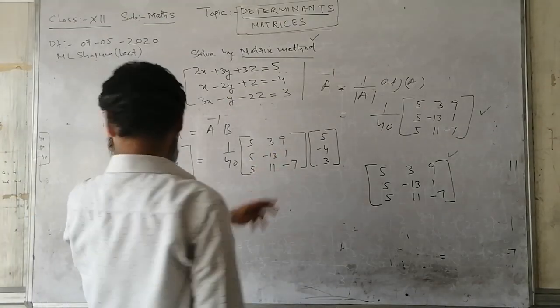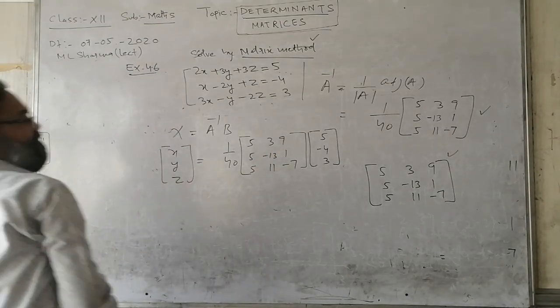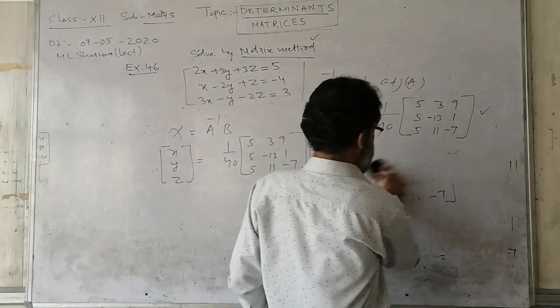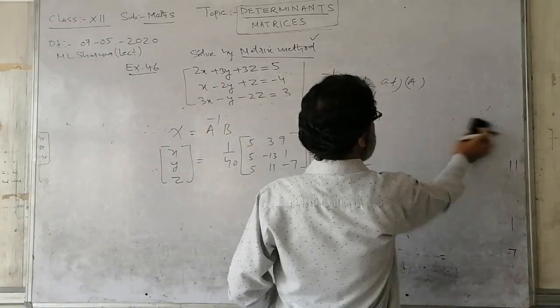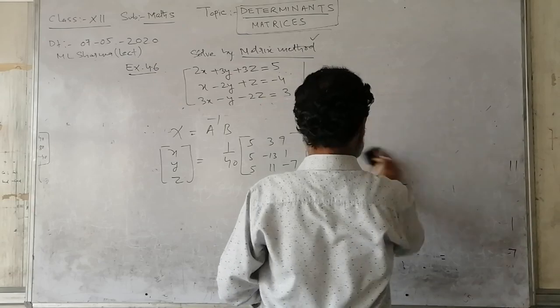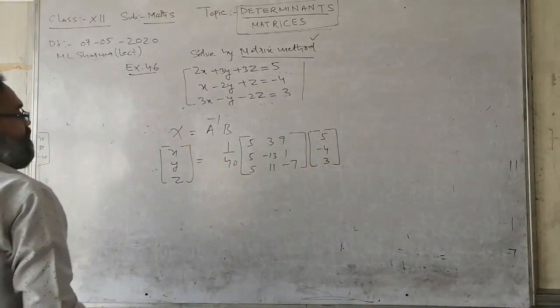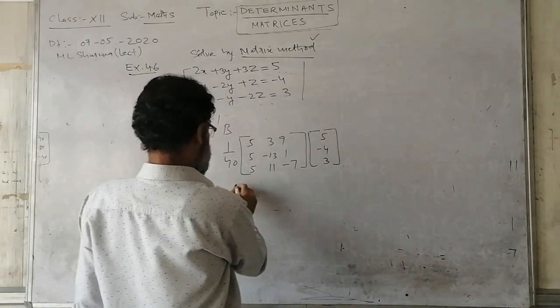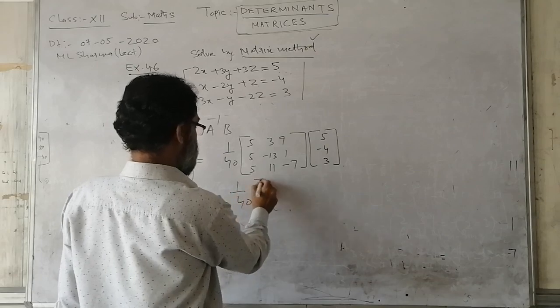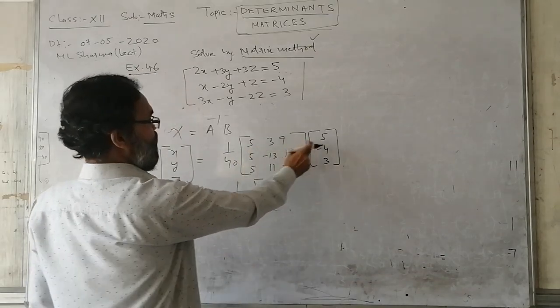So I will multiply the two matrices here to get the final result. So this will be 1 upon 40 multiplied by this.